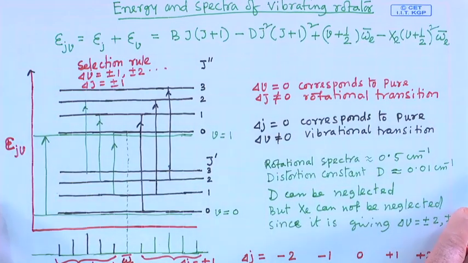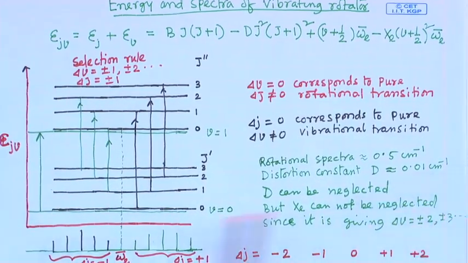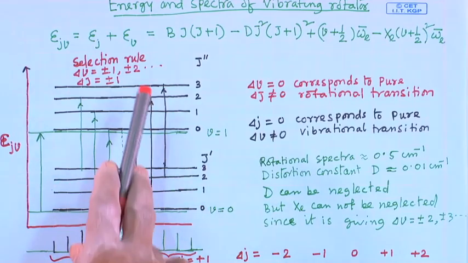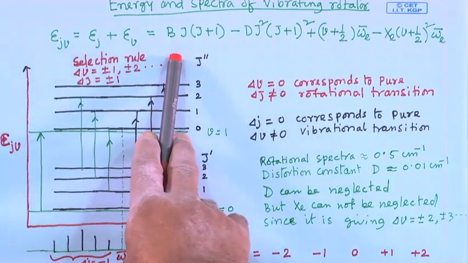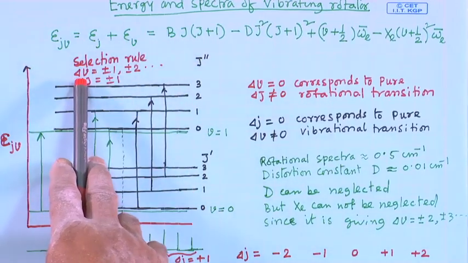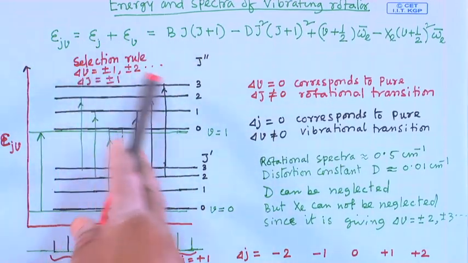Here, if we want to see these spectral lines, we have to draw the energy levels first, and then we have to consider the selection rule. The selection rule is the same as we have considered for individual rotation and vibration.